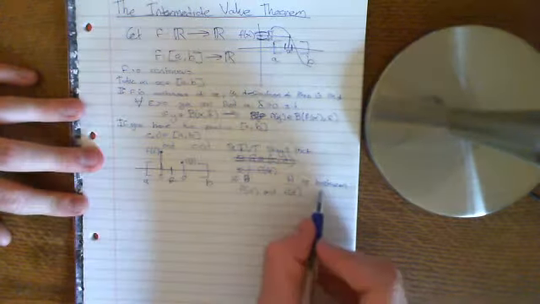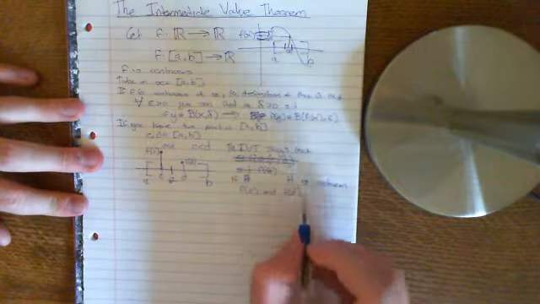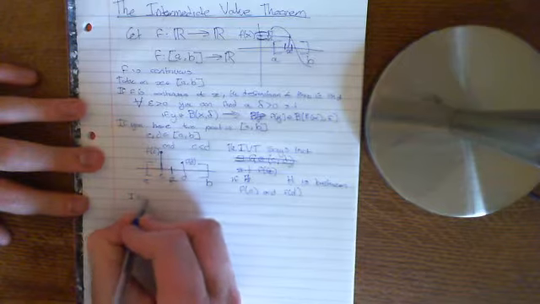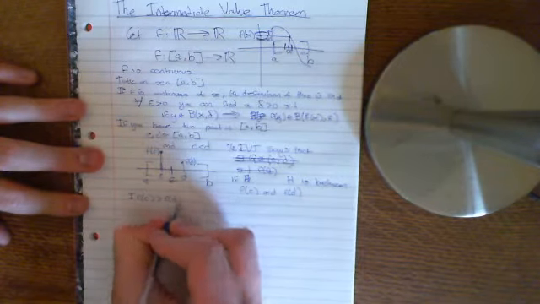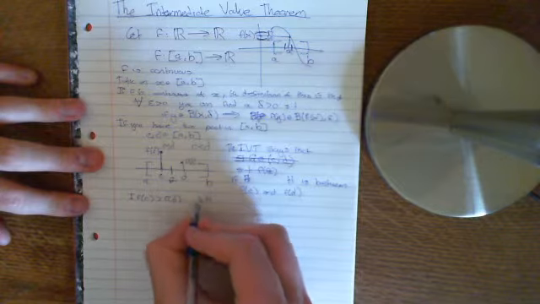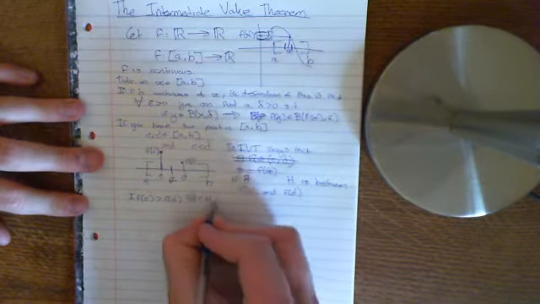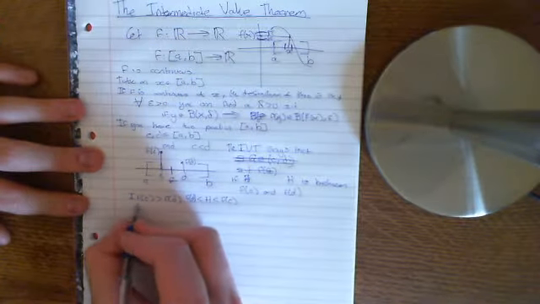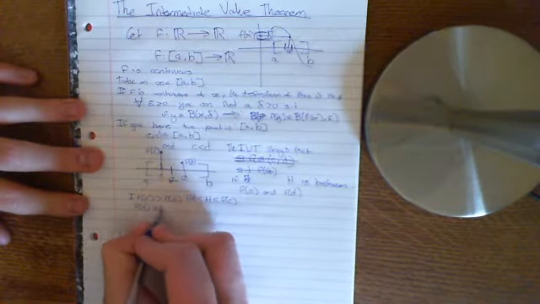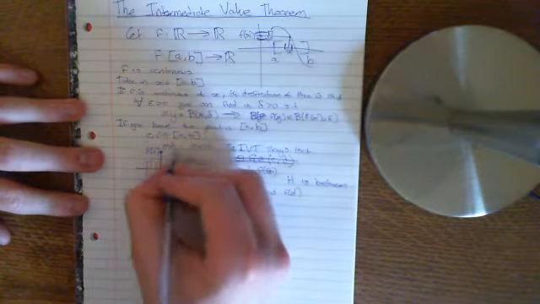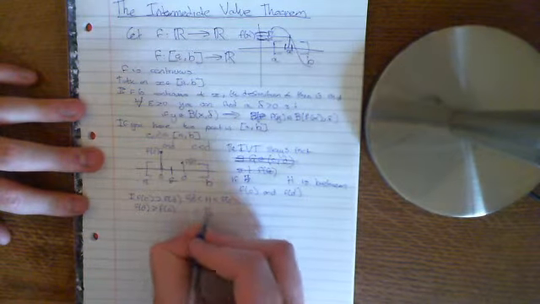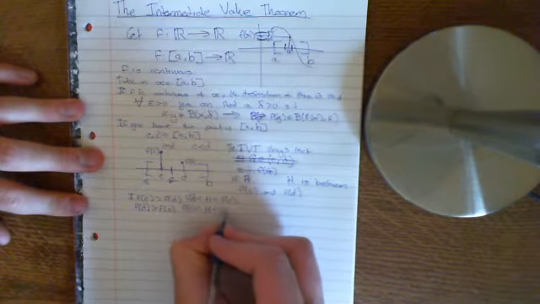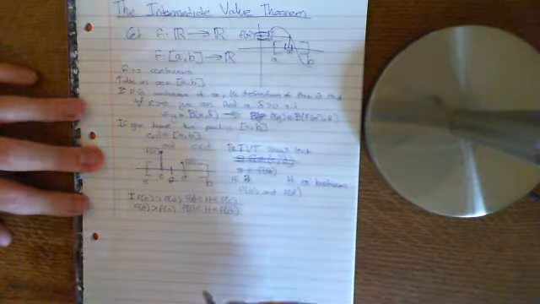So if H is between f of C and f of D, in this case, if f of C is greater than f of D, then H will be greater than f of D, but less than f of C. Or if it's the other way around, if f of D is greater than f of C, then H is going to be greater than f of C and less than f of D. So just in between them, basically.